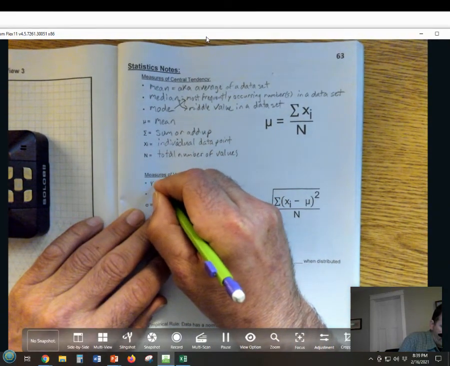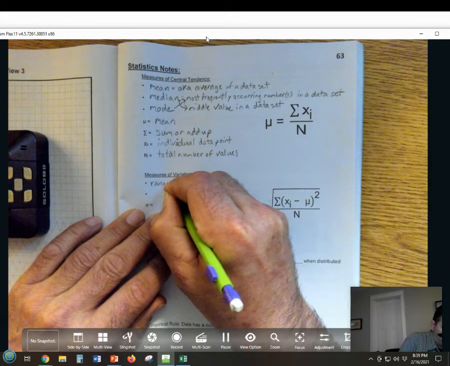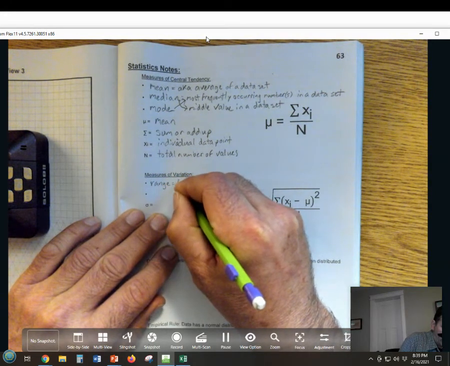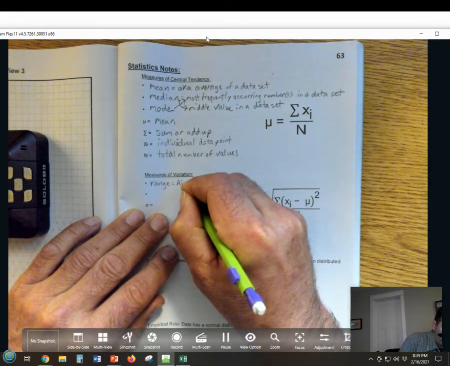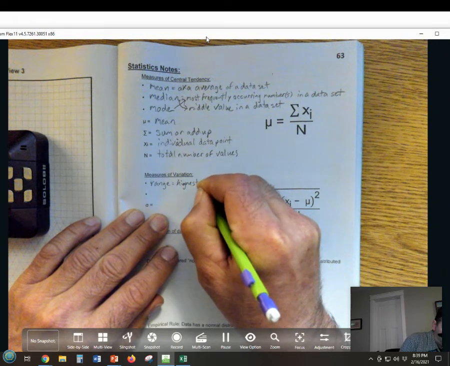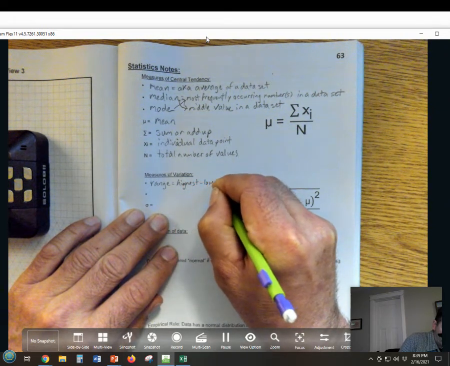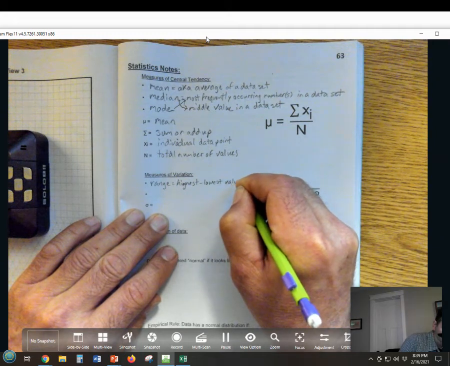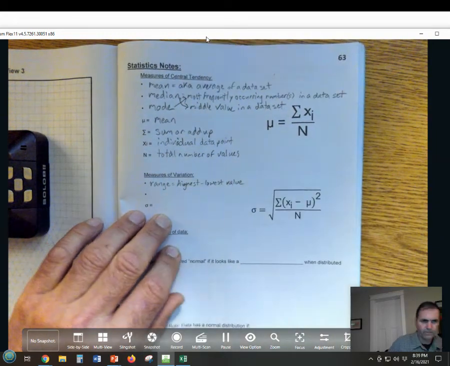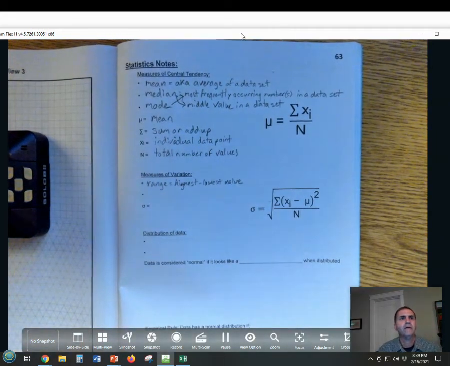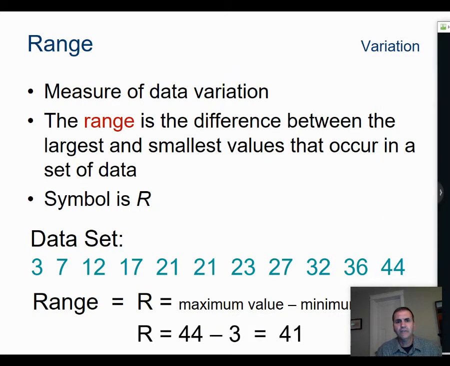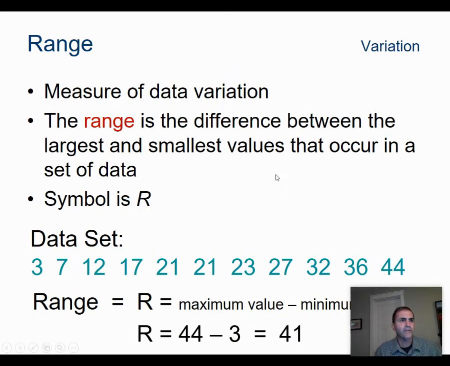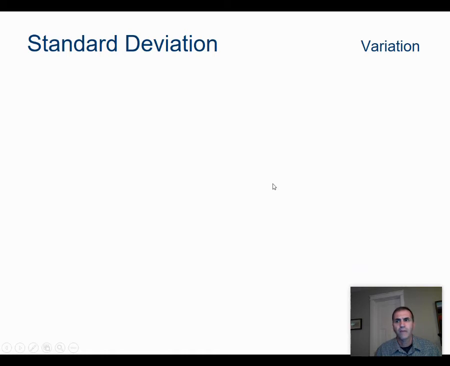Let's write range is highest minus lowest value. All right. And that just tells us the range of values that we're dealing with.